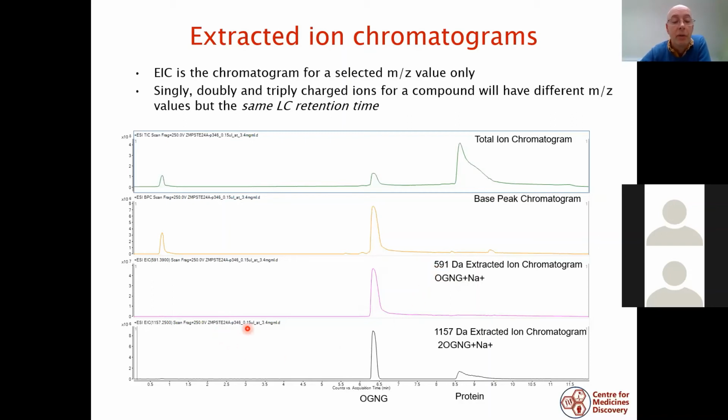Alongside that, or beneath that, we have another extracted ion chromatogram, which is 1157. This is the OGNG dimer, which is also sodiated.